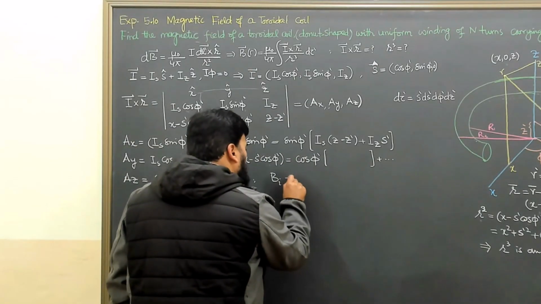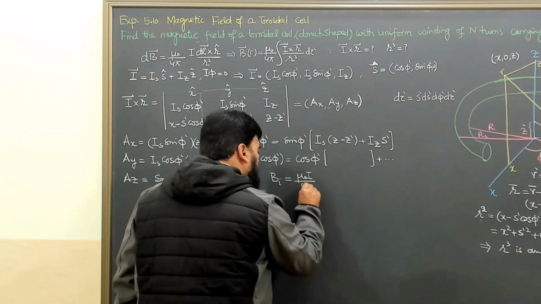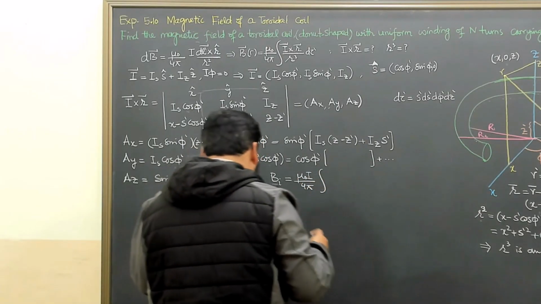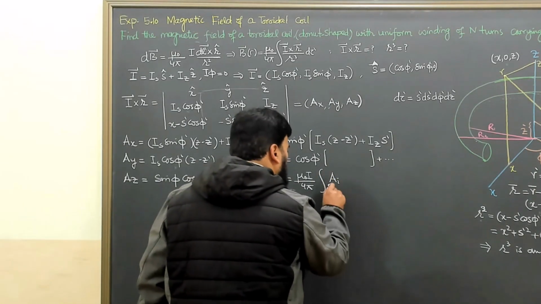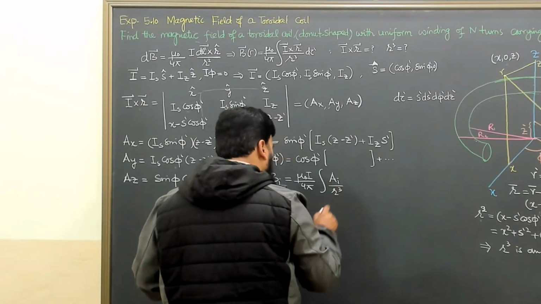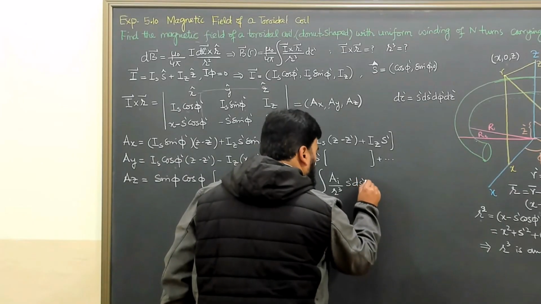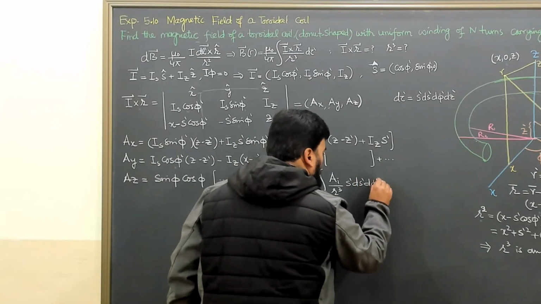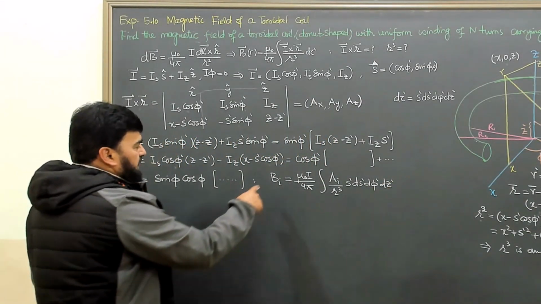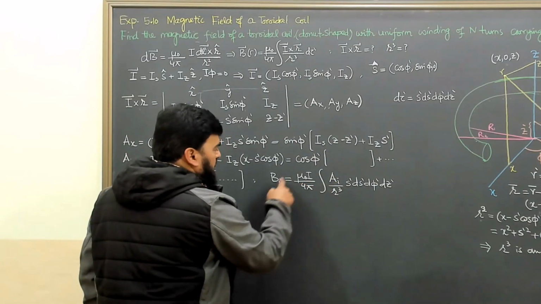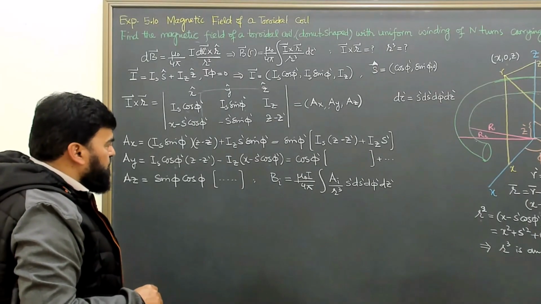So Bi is equal to mu naught I over 4 pi, and here this is Ai over R cube, and s prime ds prime d phi prime and dz prime. So if I write x here, x will come in here, y and z. So this integration will be like this.